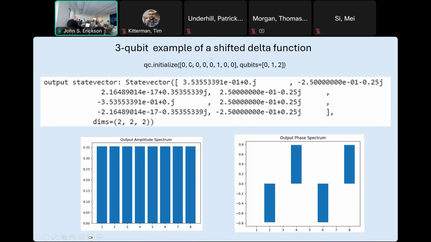So this initialize here has done the same thing. Inside this initialize are those 2 x's, basically. In fact, inside the initialize there's 3 x's. It's just that the middle one does 0 rotation. It leaves the qubit where it started.